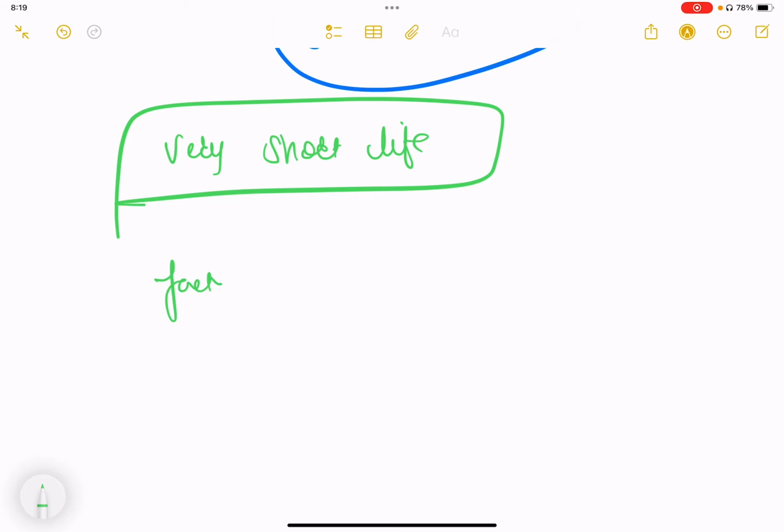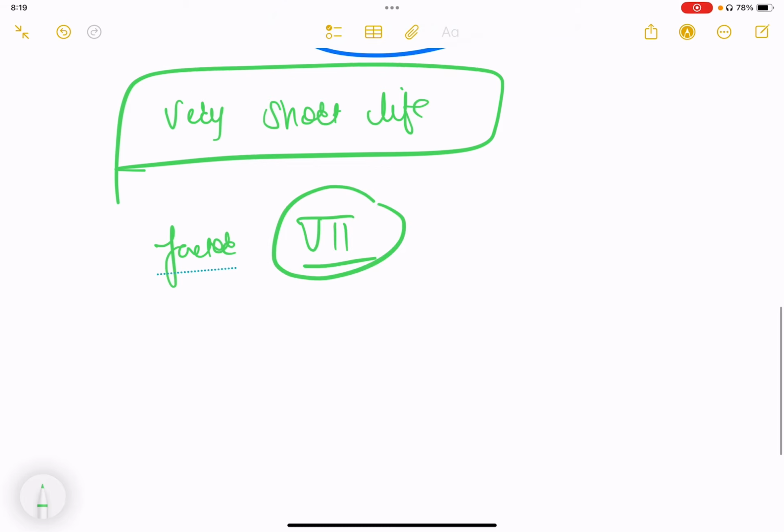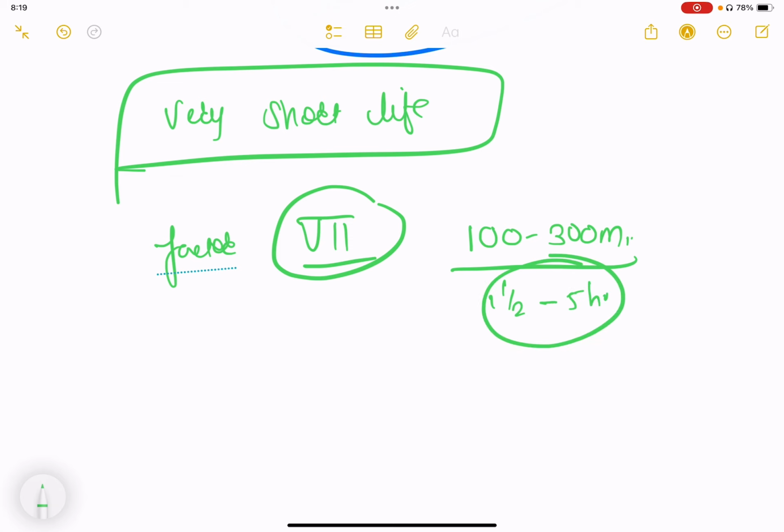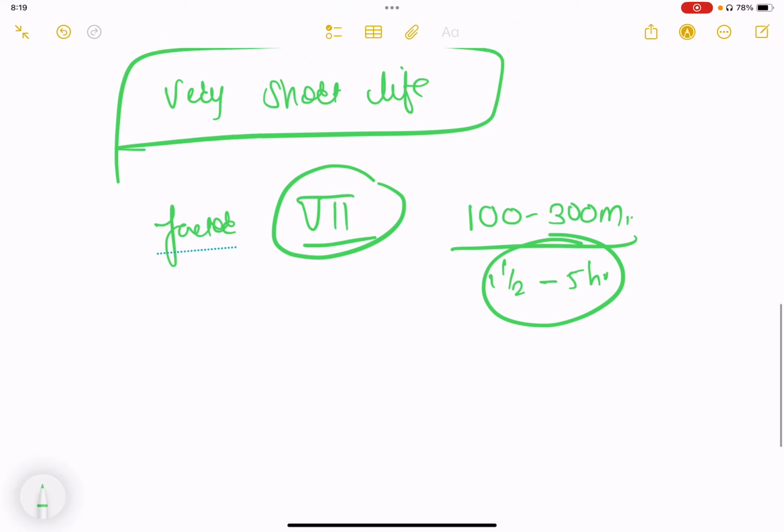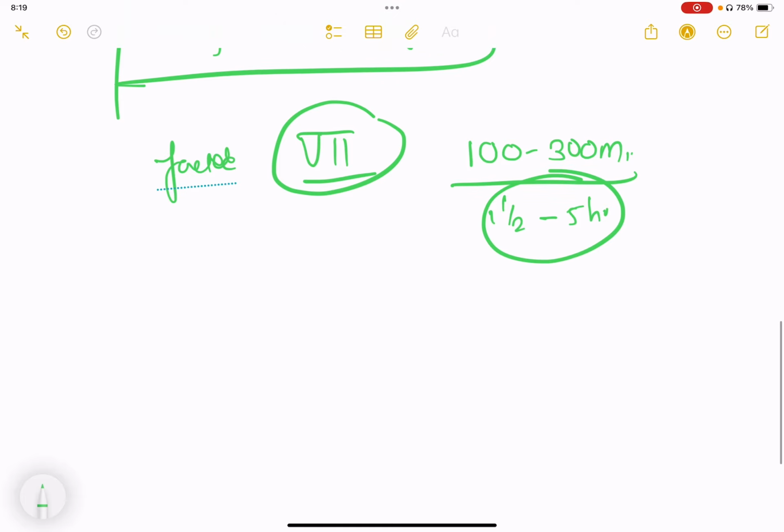In fact, factor 7, which is one of the most important coagulation factors, has a half-life of hardly 100 to 300 minutes. So in short, within 1.5 hours to around 5 hours, factor 7 starts degrading, starts getting reduced. So coagulopathy may start to show within 24 to 48 hours.